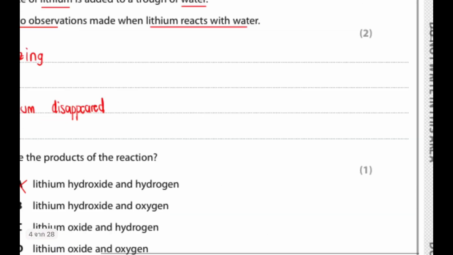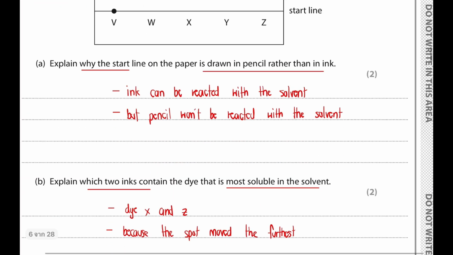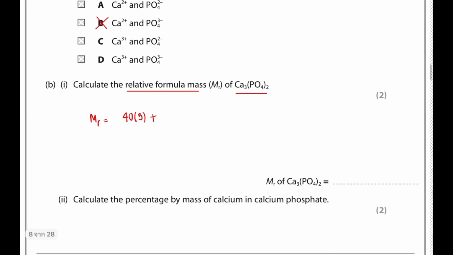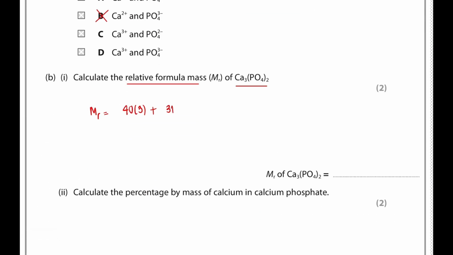So we will have 31 plus 16 times 4, which is the oxygen, and all of this we have to times 2. So we will have 120 plus 31 plus 64, which is 95, times 2. So we will have 120 plus 190, so it is equal to 310.